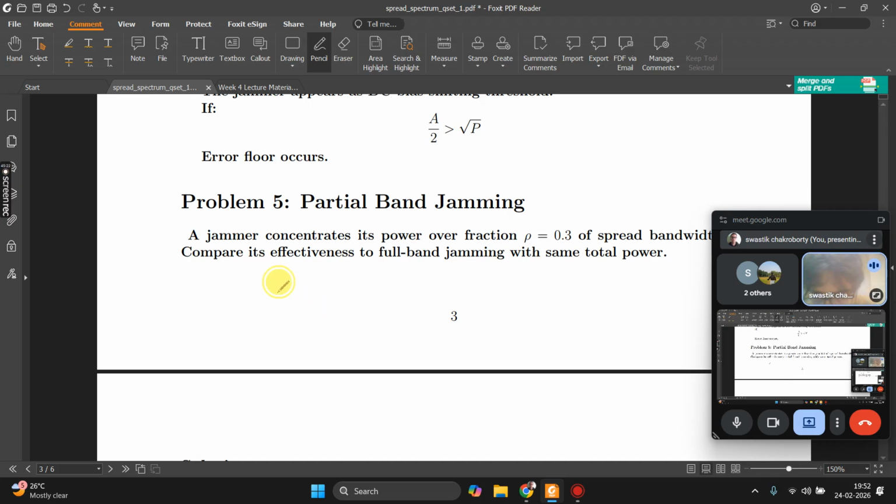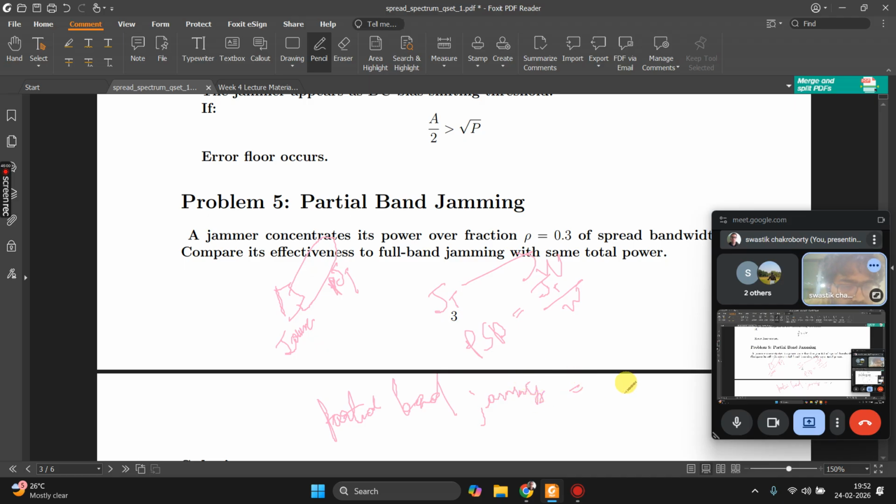So basically, if there is a jammer here, the jammer transmits a fixed power, PT, or in this case JT. Now this JT, if you spread it across the entire bandwidth W, of course the effective PSD will be JT by W. It will be spread out. Whereas for partial band jamming, it will be more focused across the chosen band.